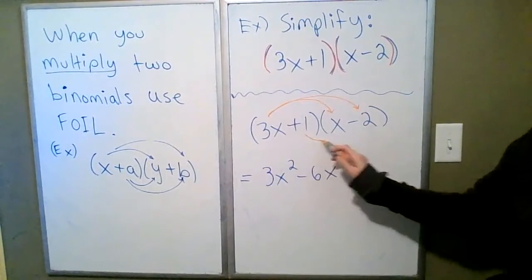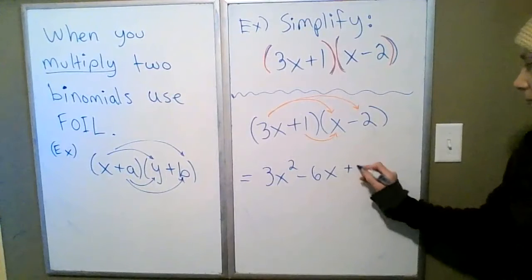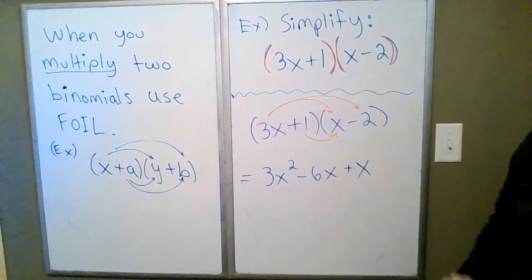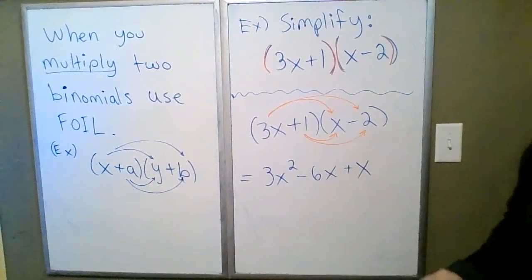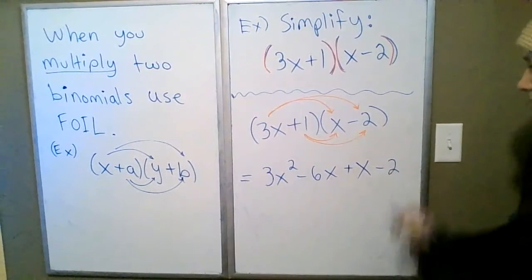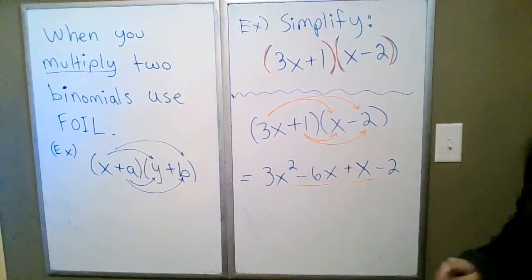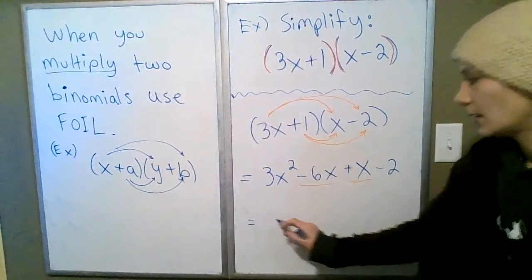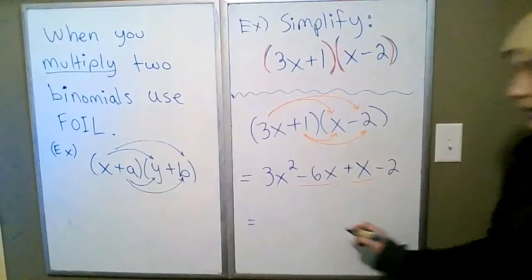The inside is 1 times x, which is x. And the last part is 1 times -2. It's -2. And you want to combine these like terms. 3x squared minus 5x minus 2.